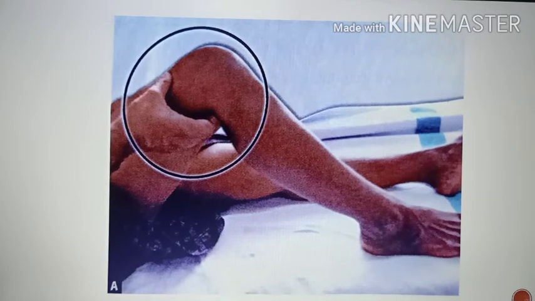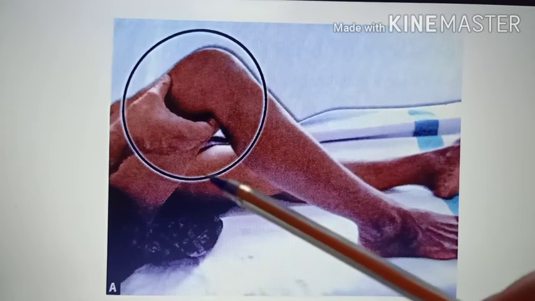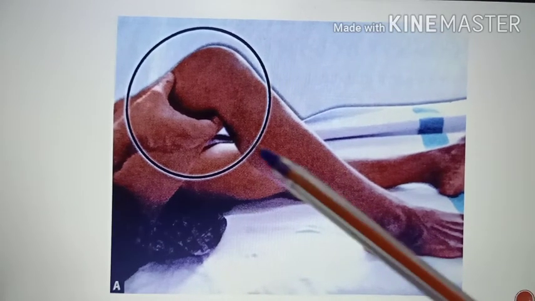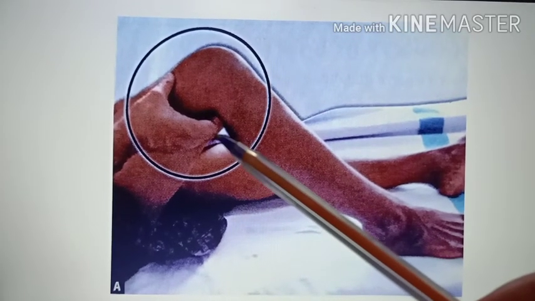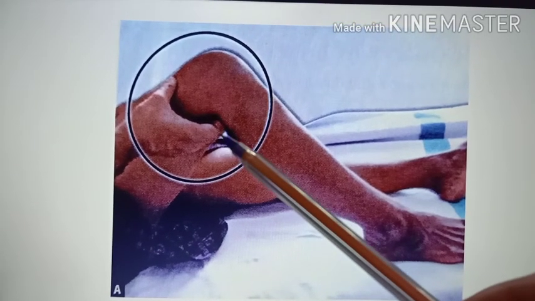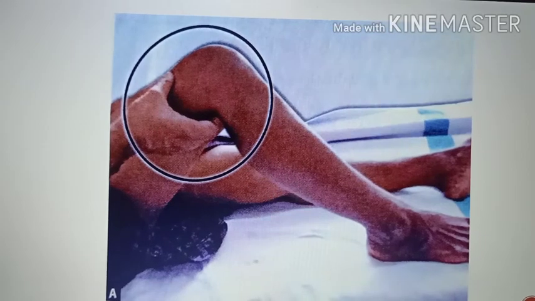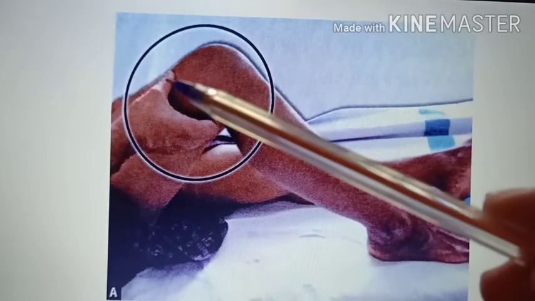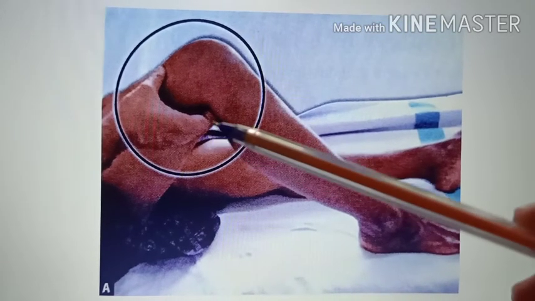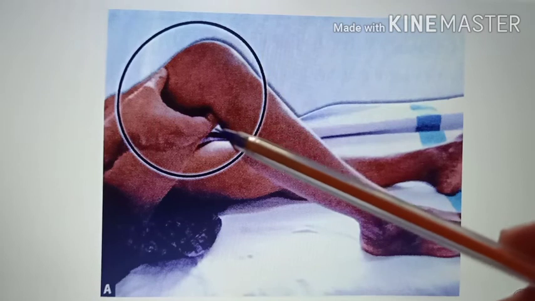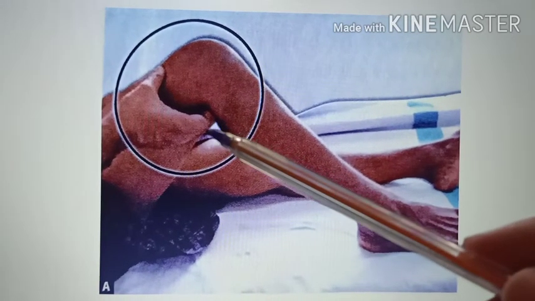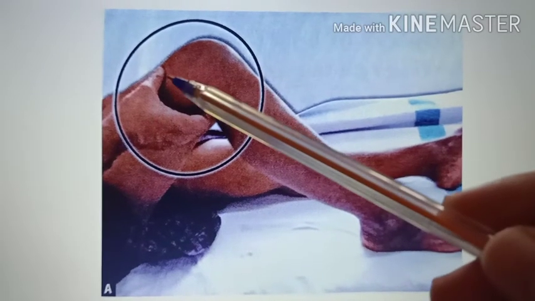The pulse can be felt when the knee is flexed to around 120 degrees and the fingertips of both hands are placed in the popliteal fossa such that they meet in the midline, and the thumbs of both hands rest on the patella. So you can see the fingertips of both hands placed in the popliteal fossa, meeting in the midline, whereas the thumbs are placed over the patella.